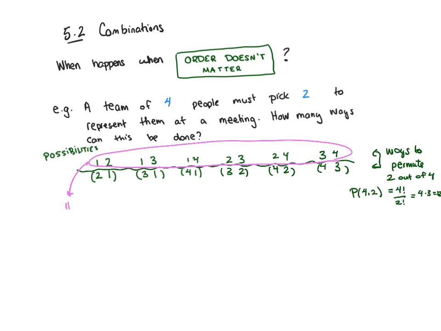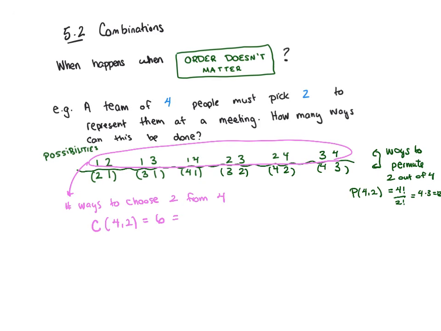So the number of ways to choose 2 from 4, which we're going to write as C(4,2), is when order doesn't matter. We can see it is 6. So how is that 6 related to the 12 we saw before?